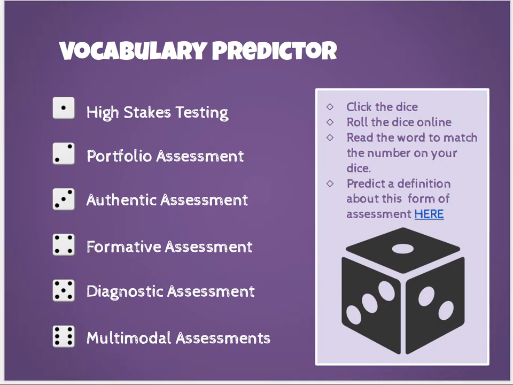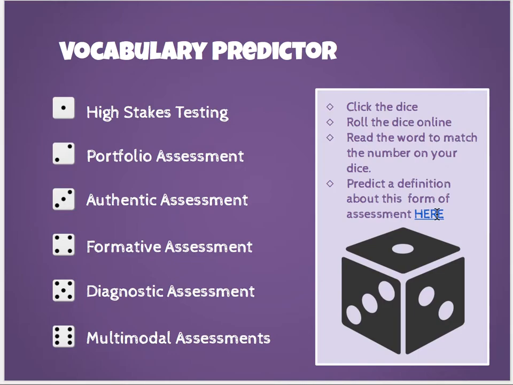And this is a vocabulary predictor. Much like last week during fluency, where you predicted or brainstormed what you thought the definition of fluency was, you're going to click on our black die and roll it, and it will take you online to roll it. After you roll it, you're going to read a word to match the number that you rolled, and you're going to predict a definition about that form of assessment by clicking here on our Padlet site.